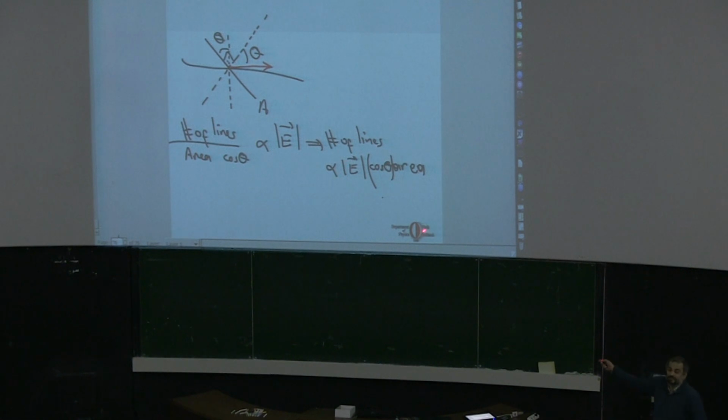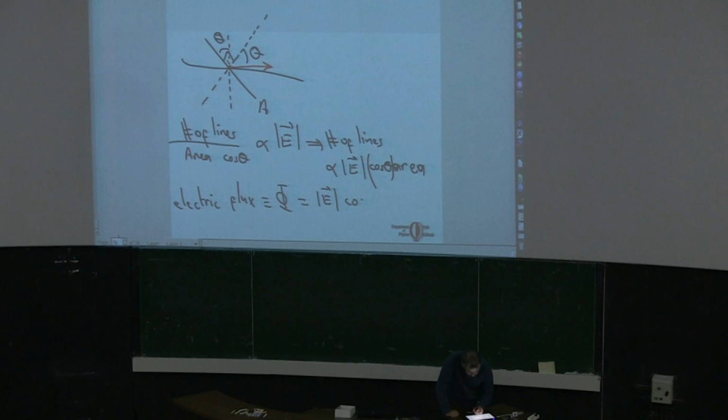Now this is what we call the electric flux. We usually use this symbol. This is nothing but the electric field magnitude times cosine theta times the area. This is a definition. It is, in a sense, nothing but the number of field lines, or proportional to the number of field lines. And the proportionality constant you can just choose such that the number of field lines is actually equal to the electric flux.